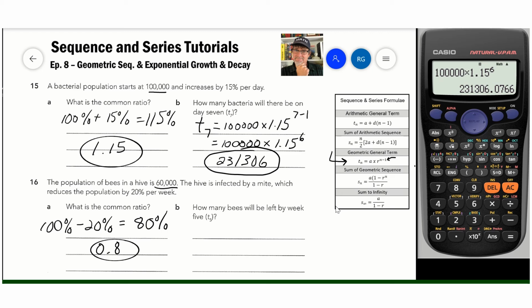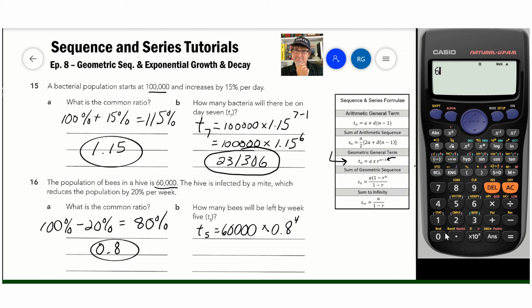So week 5, so we want the 5th term. And we need our starting amount, 60,000, times our common ratio, which is 0.8, to the n minus 1. Let's just call that 5 minus 1, 4. And we go to the calculator.